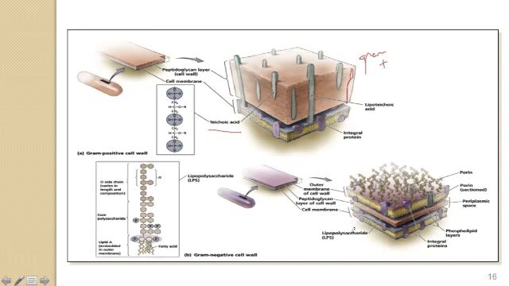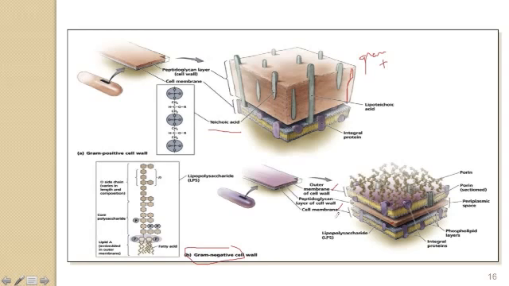Now if we look down here at the gram-negative, right here is the peptidoglycan. So it's a much thinner layer, and you'll see that this is actually embedded in between 2 layers of membrane. So we have an outer membrane here, and we have an inner membrane with the cell wall in the middle of it, and it's very thin.